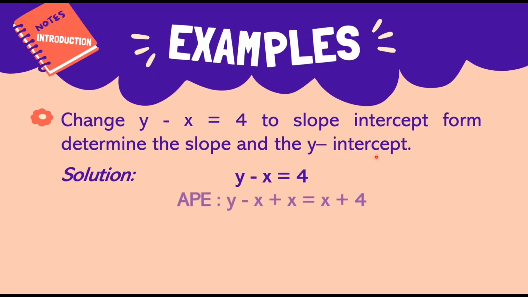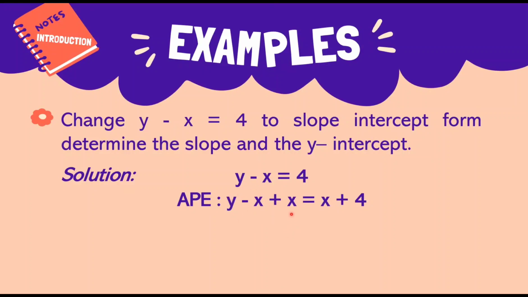Okay, let us write. We have APE, or the addition property of equality. Let us have y minus x, and then we need to add x. Since we apply the addition property of equality, we need to add x to both sides of the equation. Bakit tayo nag-add dito ng x? In order to eliminate this negative x.